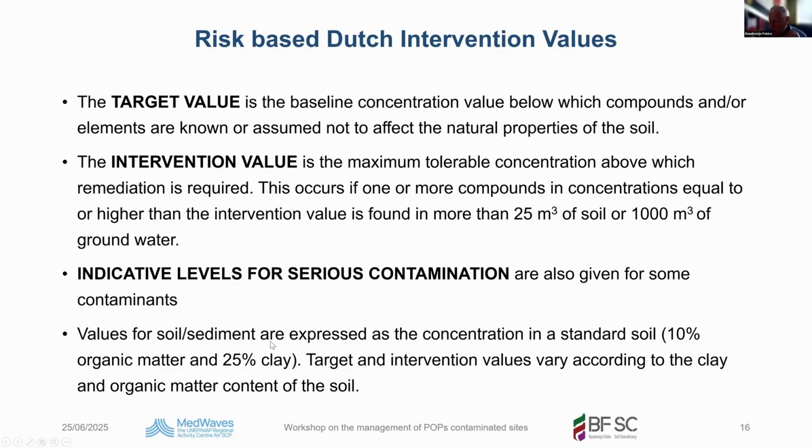Values for soil and sediments are expressed as concentration in the standard of 10% organic matter and 25% clay. I told you that our soil types are different, so we use the organic matter and the clay content to calculate our target levels, as the clay and the organic matter are the absorption complex of the soil, and when they are high, they immobilize contaminants more.